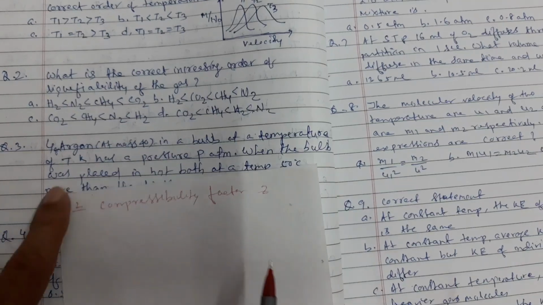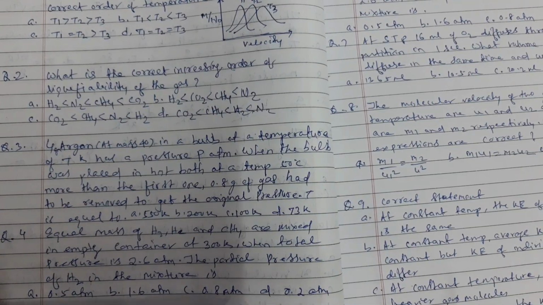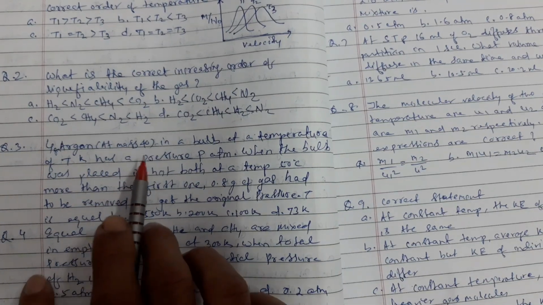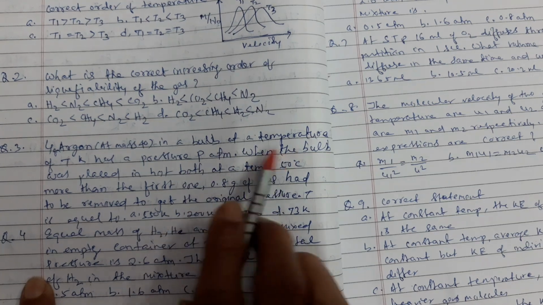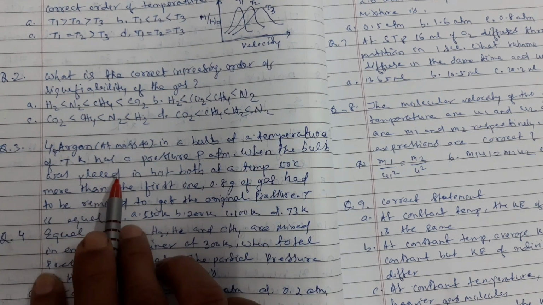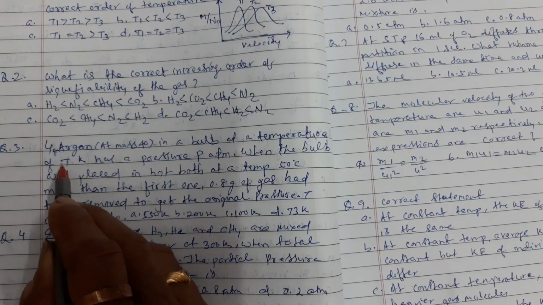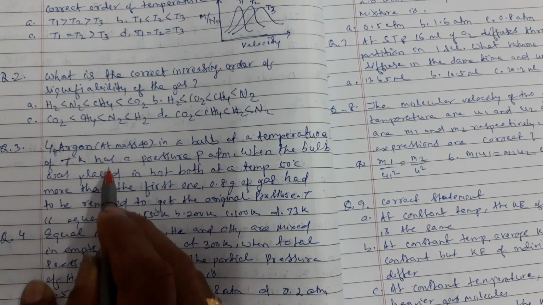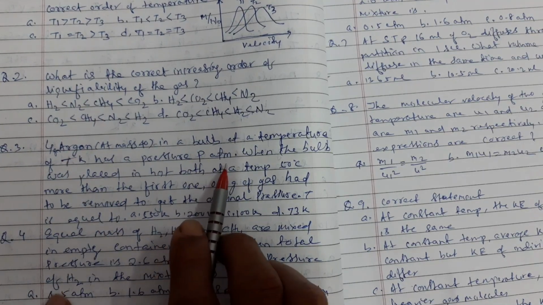Next, 4 gram of argon whose molecular mass is 40 in a bulb at a temperature of T K has a pressure P atmosphere.